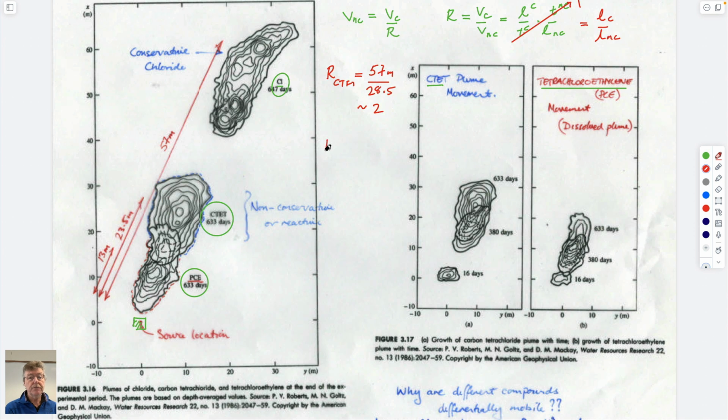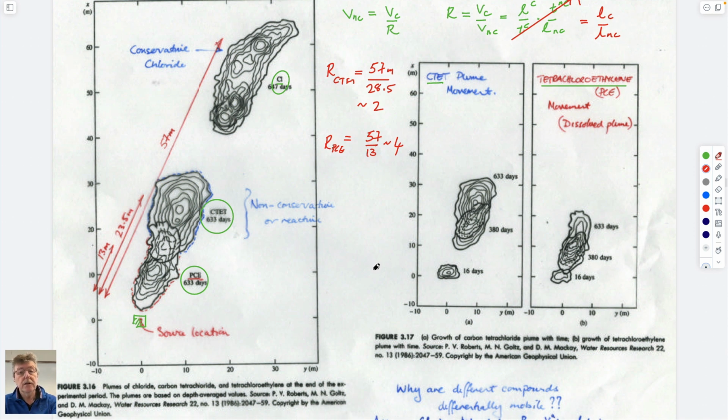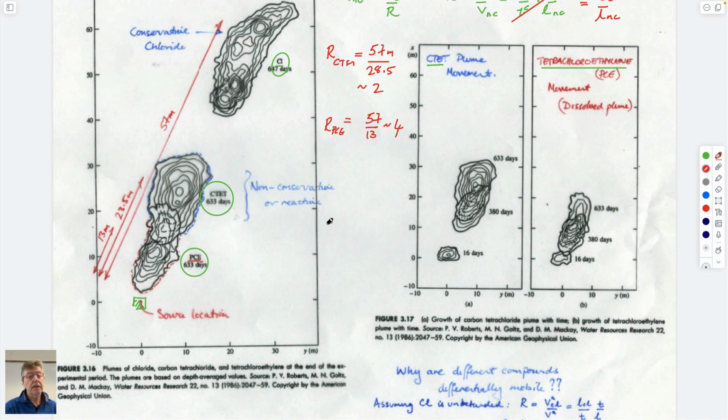And the retardation for PCE is equal to 57 over 13, which is about 4, right? Something of that order. And so we can get the retardation coefficients directly from that.